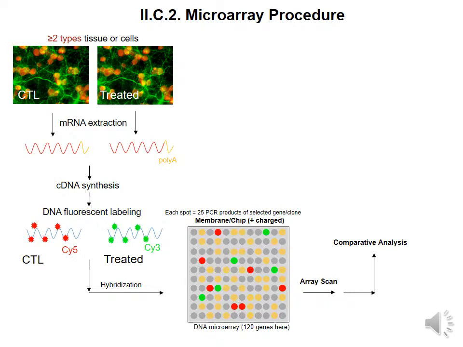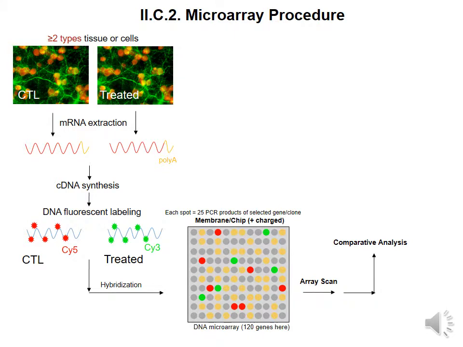So every well represents one different gene. And then when we mix these two samples together and apply them to this microarray, there will be a fluorescent signal depending on whether that specific transcript gene is expressed in one sample or another.